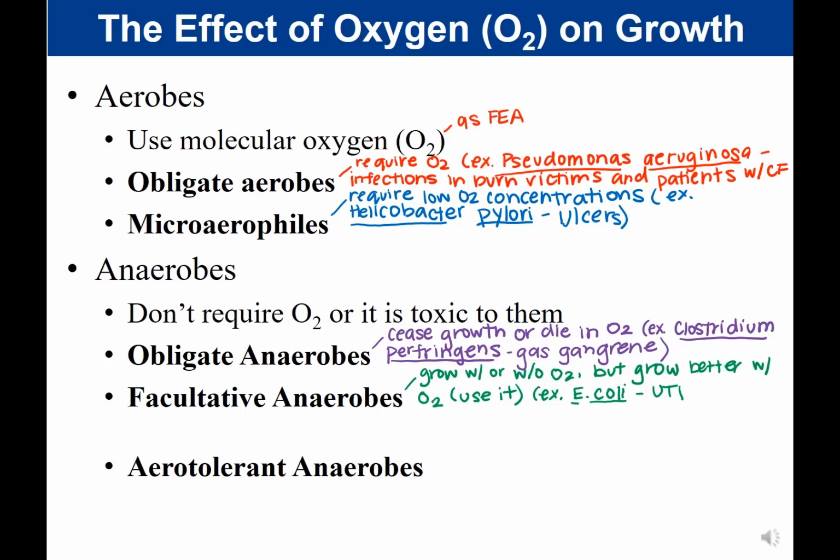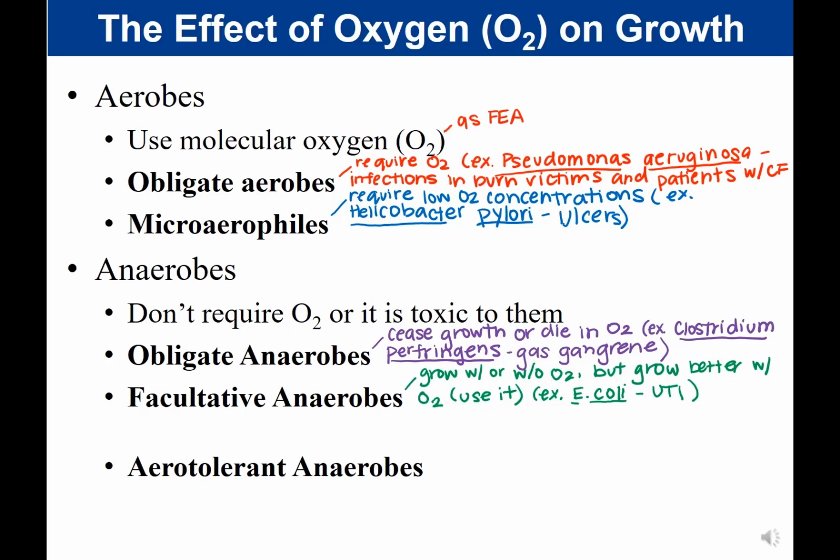And so E. coli would be an example of a facultative anaerobe. In lab, we also saw another example of this, Staph aureus, which is also a facultative anaerobe. And many gram-negative intestinal bacteria would also fall under being a facultative anaerobe. So those would be examples of facultative anaerobes.